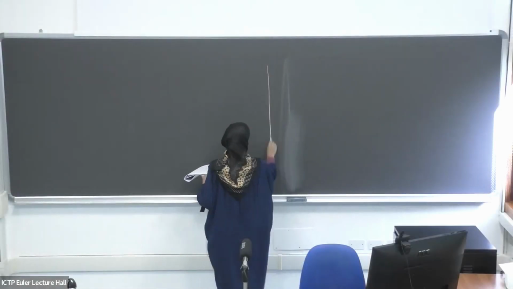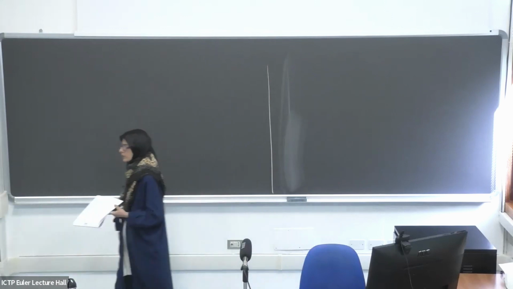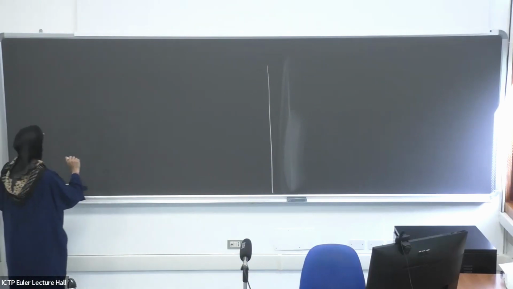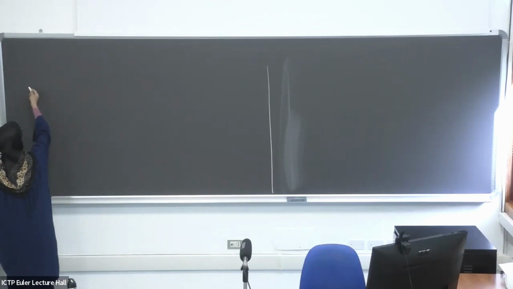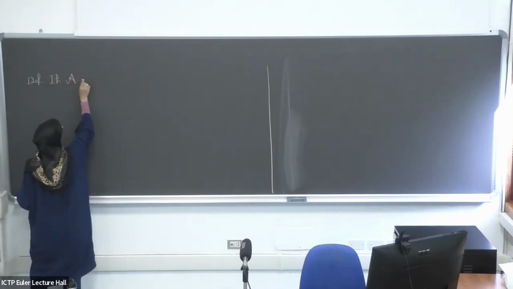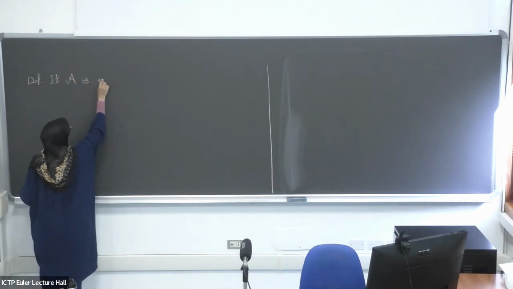Okay, today we will define a representation, but before that I want to say what is a simple superalgebra or a simple associative superalgebra. So let's start with a definition. Suppose that A is an associative or a Lie superalgebra.